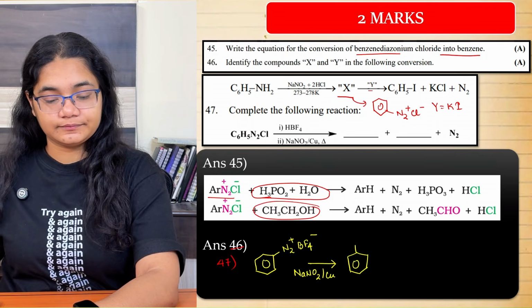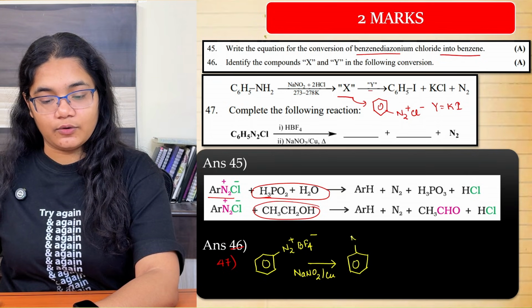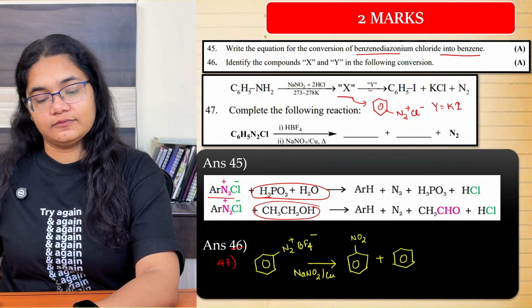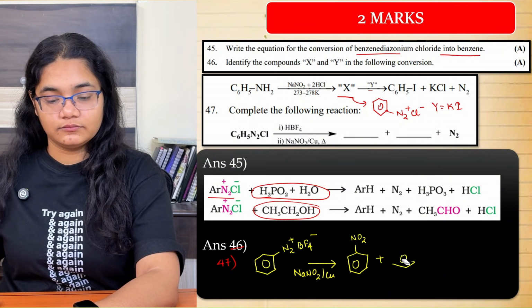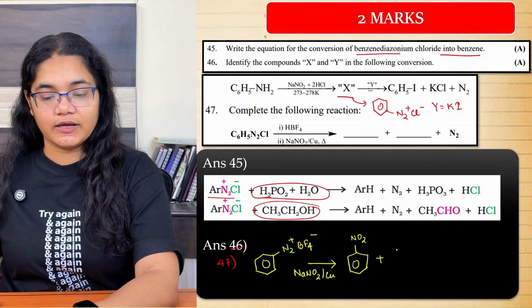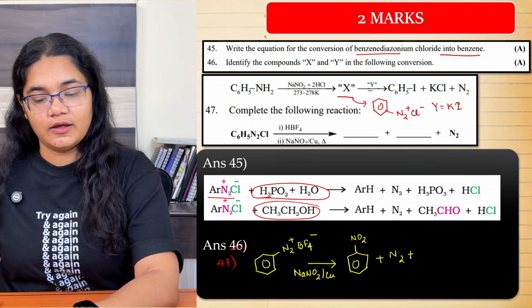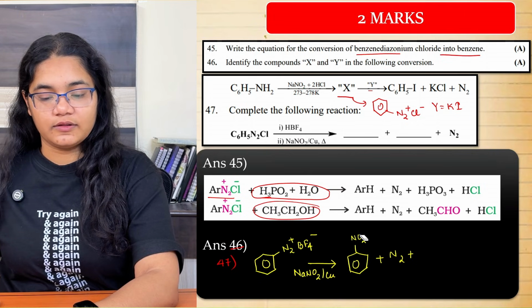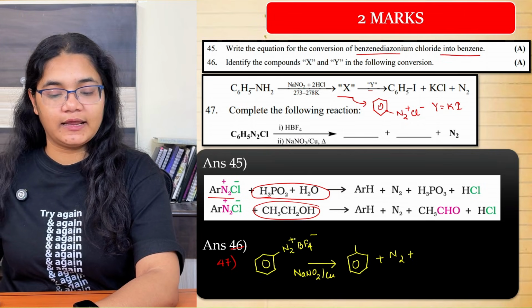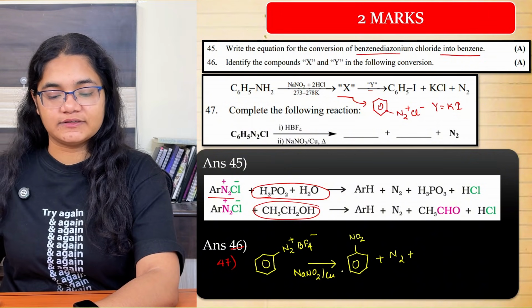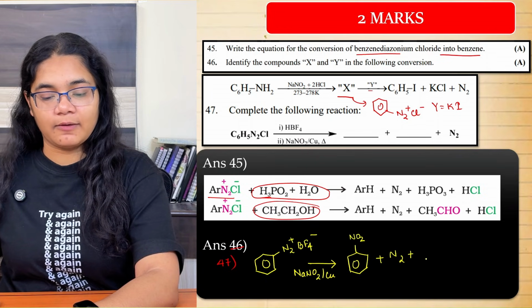Here you will get the NO2 group, and no more diazonium group. So this N2 will come out as nitrogen, and when I treat it with NaNO2 and Cu, that gives me the NO2 group, right? Nitrobenzene will be produced and you will have a byproduct of BF3.